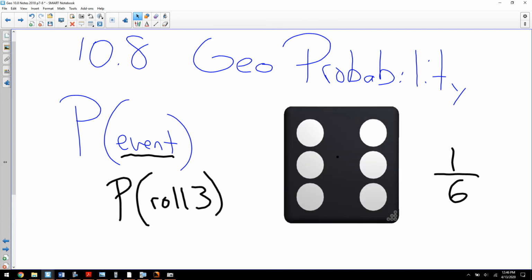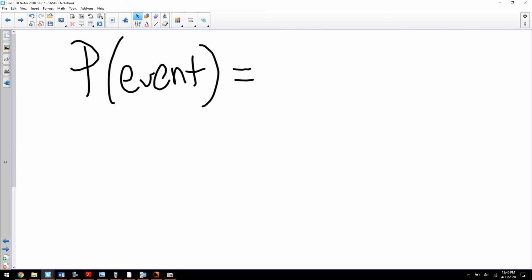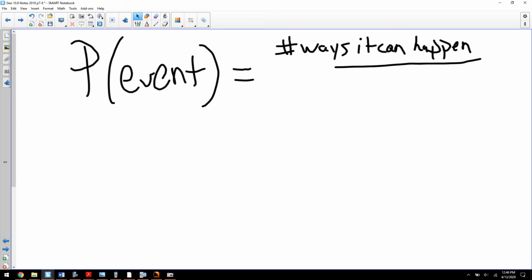So the way that this looks is the probability of an event is going to equal the number of ways the event can occur, can happen, over total possible.